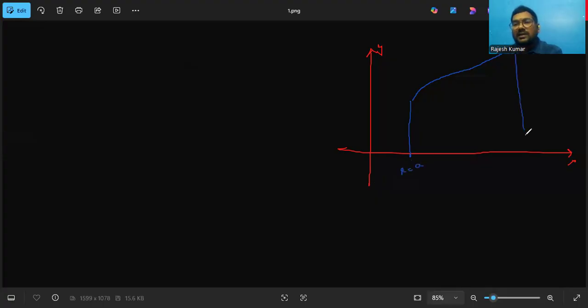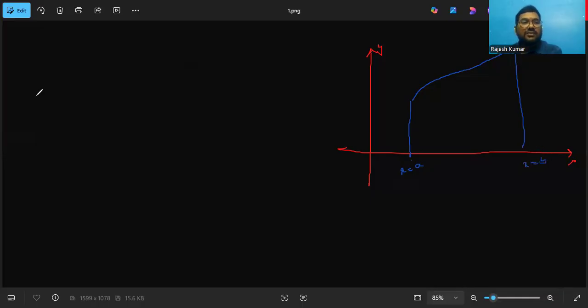Let this be the x-axis and y-axis, and y is equal to f of x is the curve, between x is equal to a and x is equal to b.